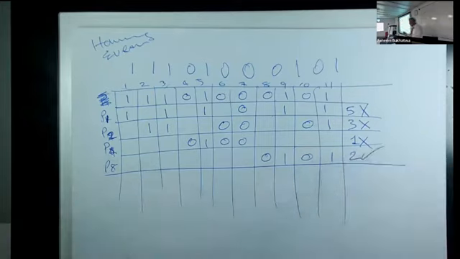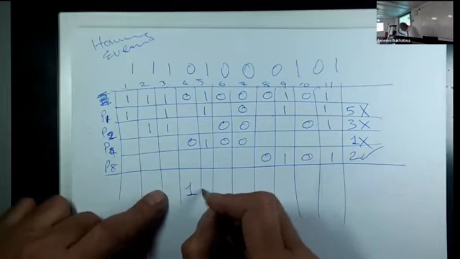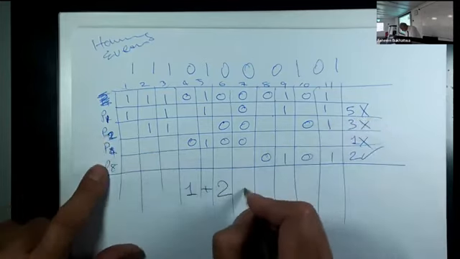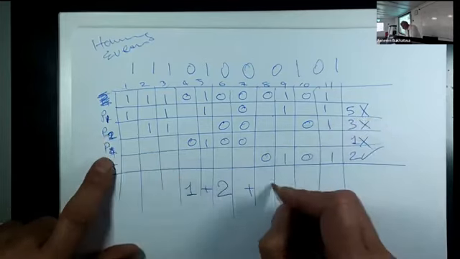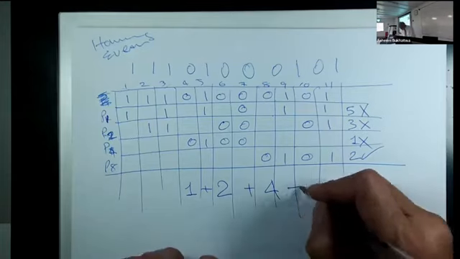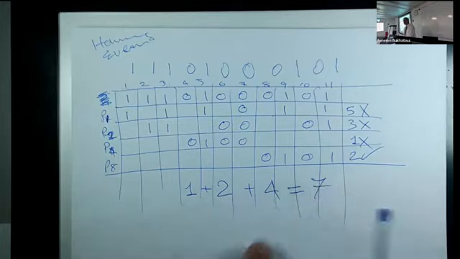No error. So, we have an error in group P1 plus P2 plus P4. You just write the positions, the actual numbers of the parity bits, and add them up. 1 plus 2 is 3 plus 4 is 7, and this tells you bit number 7 has a problem.